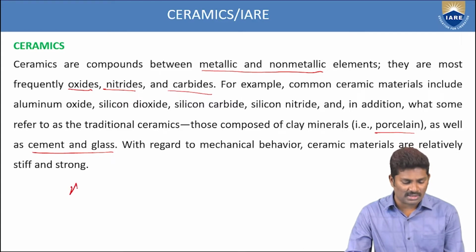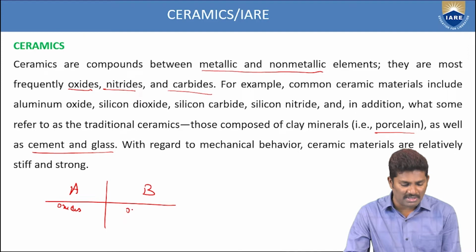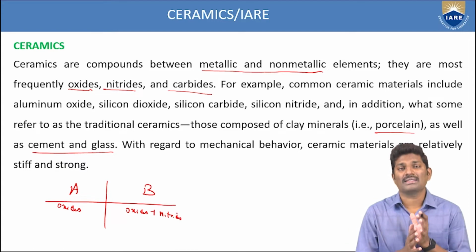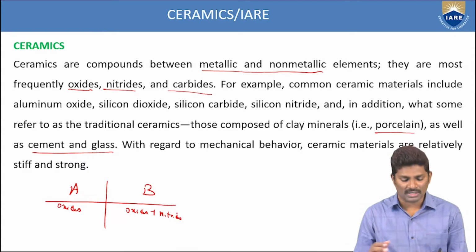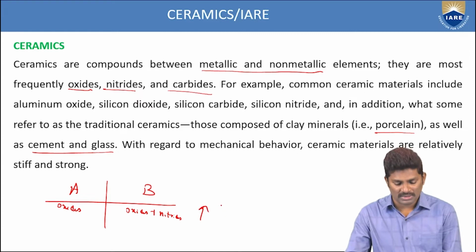Suppose you consider A and B. Material A is composed of a single material, some oxide. But material B is oxides plus nitrides, which means you have added some other material into it. So what is happening here? There is a lot of increase in the properties.